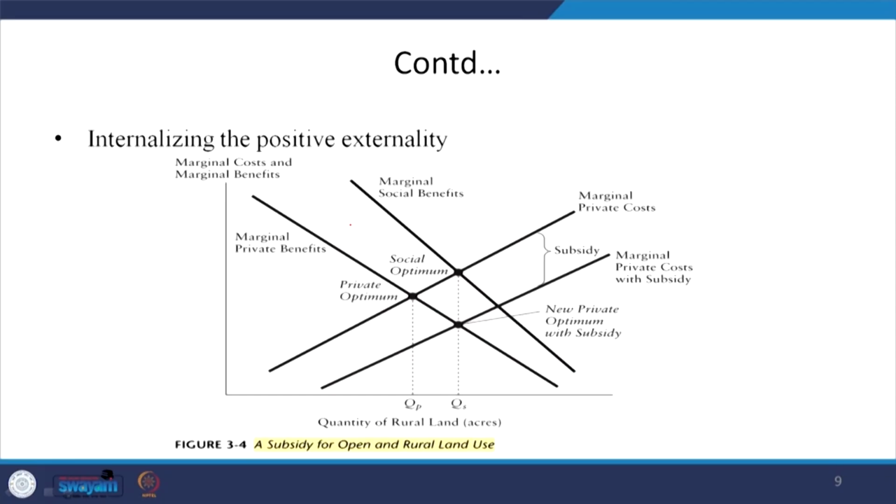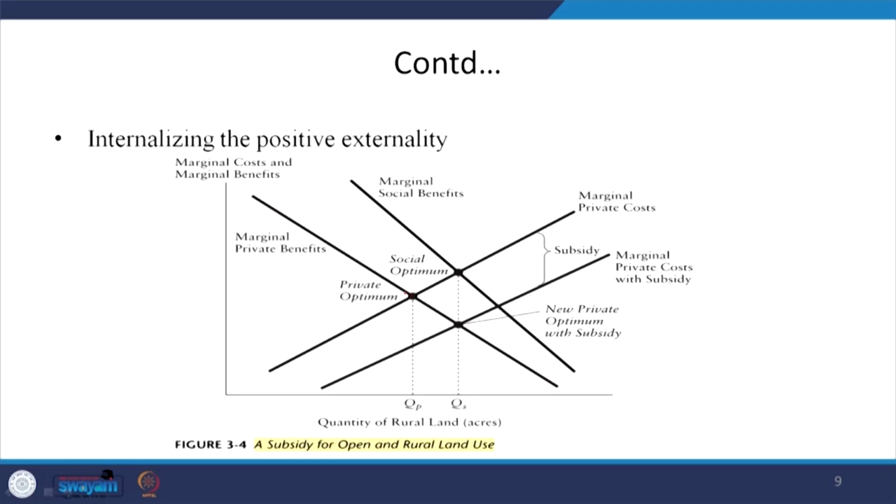Now, initially we can see that the optimum level of output is achieved at the point where the demand curve intersects the supply curve, and at this point quantity is determined and market price is determined.